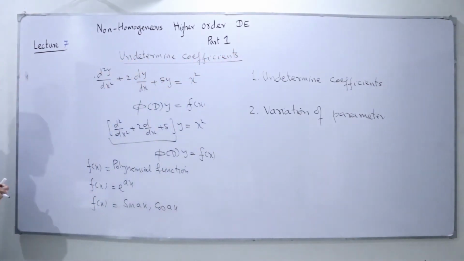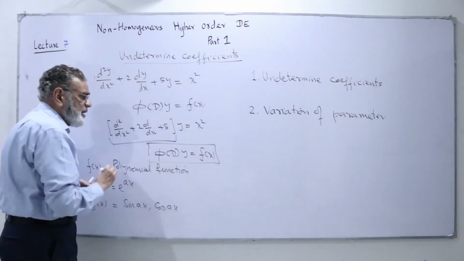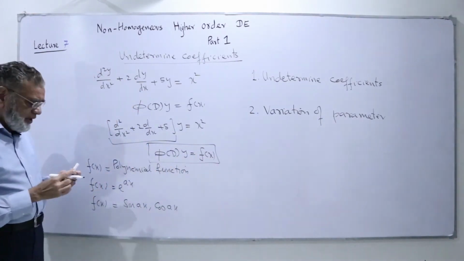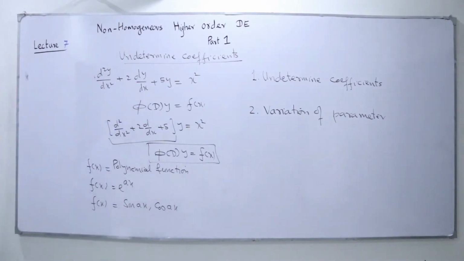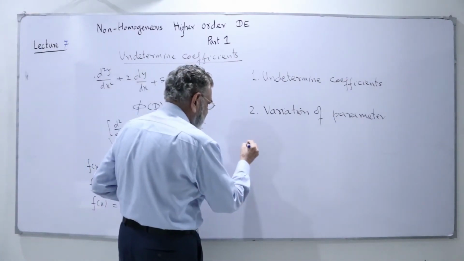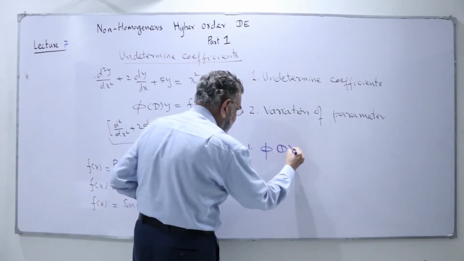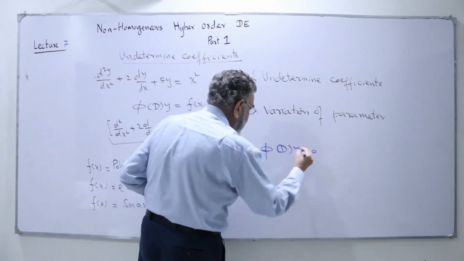Now, when we have a non-homogeneous differential equation, we divide it into two parts. Part one is phi D y equal to 0.